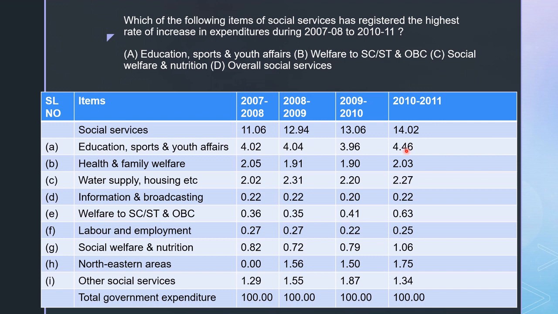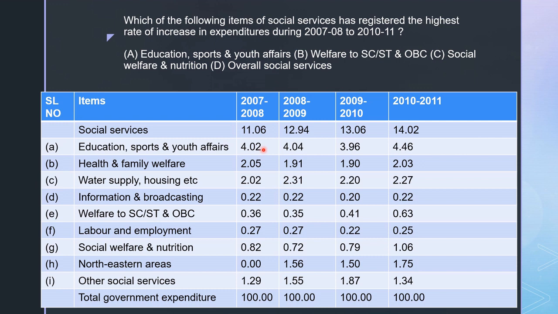Then how do we calculate the increment rate in percentage? That is 4.46 minus 4.02 divided by 4.02 into 100. Final value minus initial value divided by initial value into 100. We get the percentage rate.